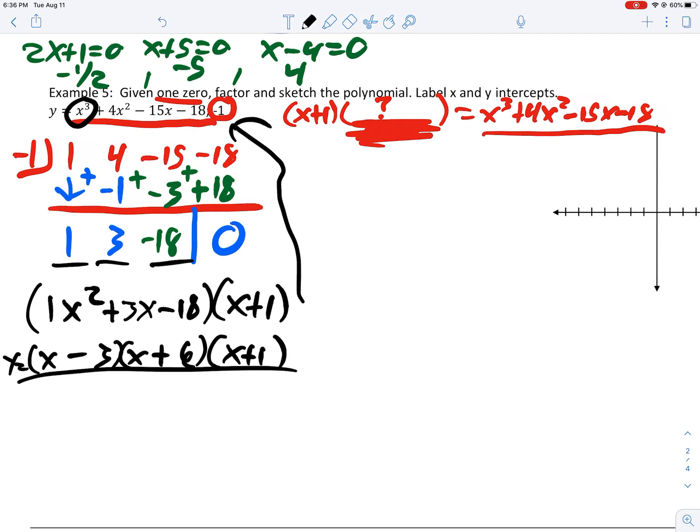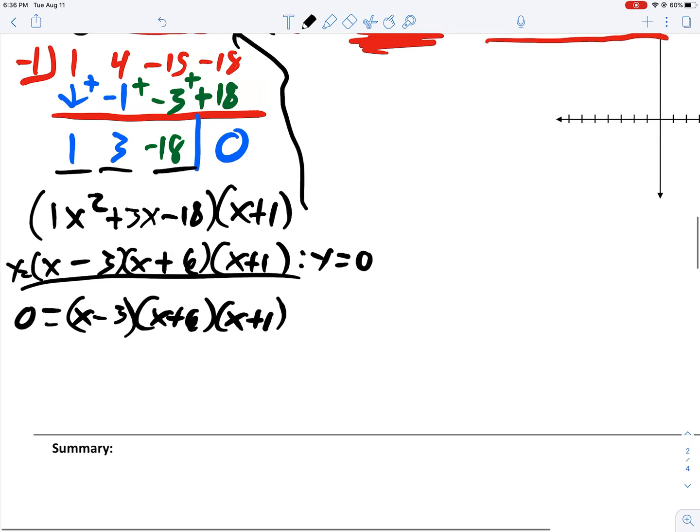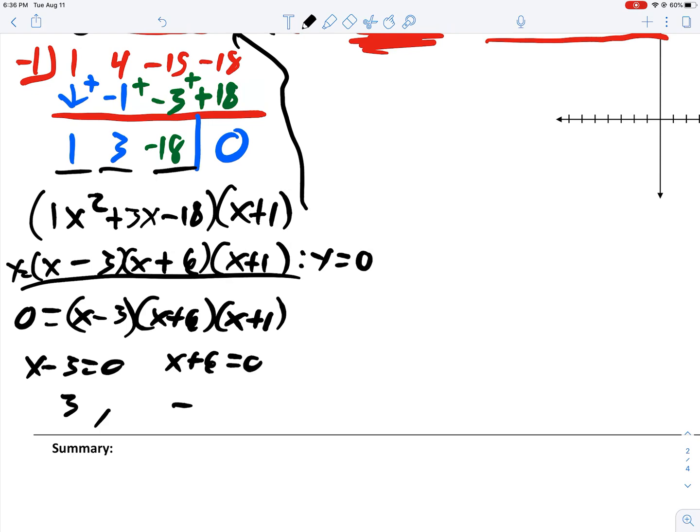So why is that useful? Because now I'm going to let y equal 0, and I can find my x-intercepts, my zeros, by setting each factor equal to 0 and solving.